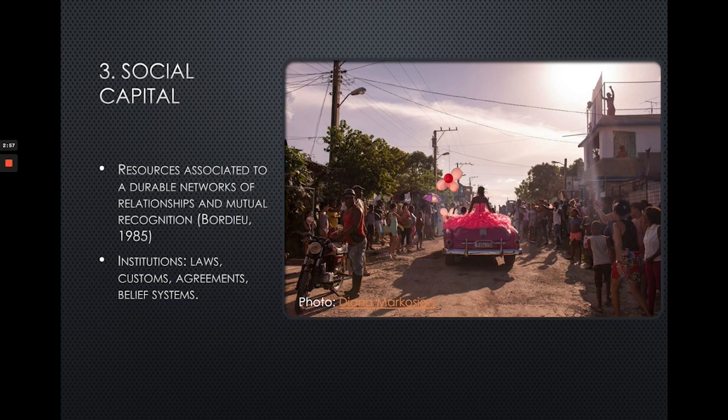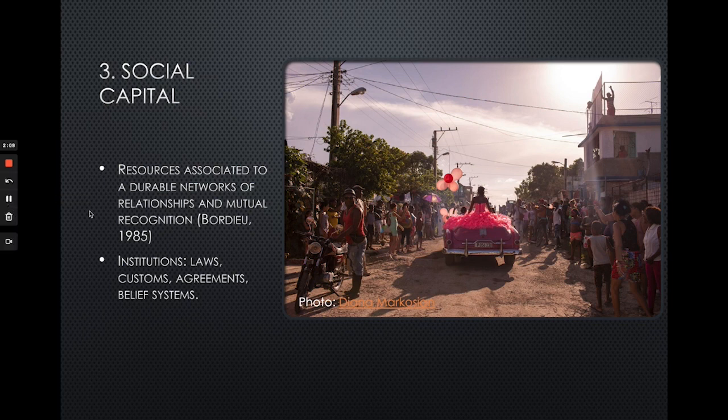And third is the social capital, which is the result of durable networks of relationships and mutual recognition between people, as Bourdieu defined it in 85, and is conformed by the institutions, which are the set of norms that regulate social life, determine customs, agreements, and belief systems.